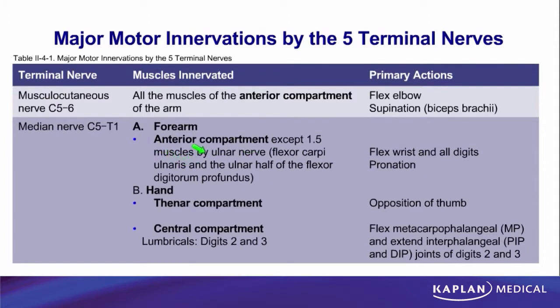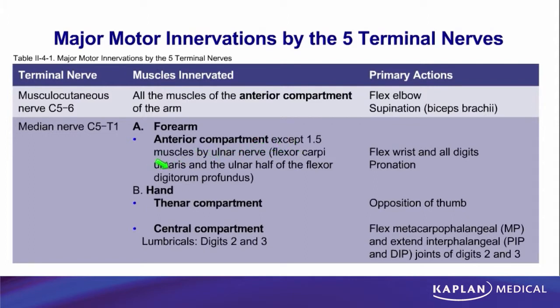So which 1.5 would be the exceptions? Well, it would make sense that if they're the ones innervated by the ulnar nerve, they're probably the ones that are closest to the ulnar nerve. And since the ulnar nerve is on the medial side of the forearm, you'd expect it to be the 1.5 most medial muscles of the anterior forearm. So the most medial muscle of the anterior forearm is the flexor carpi ulnaris.